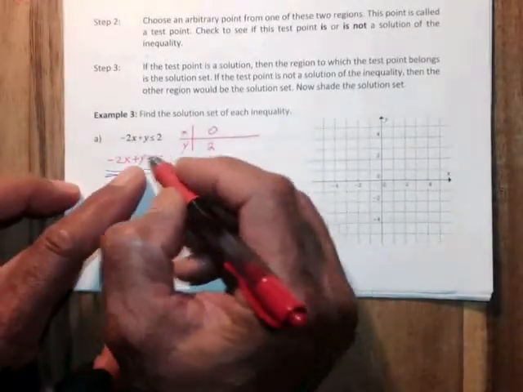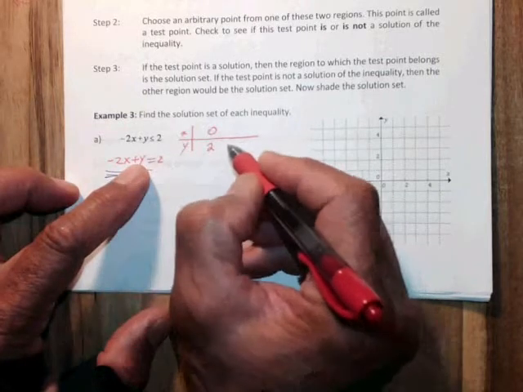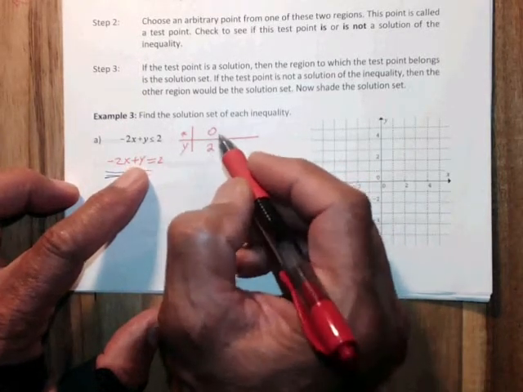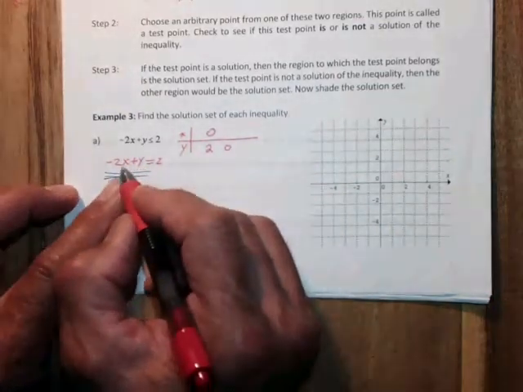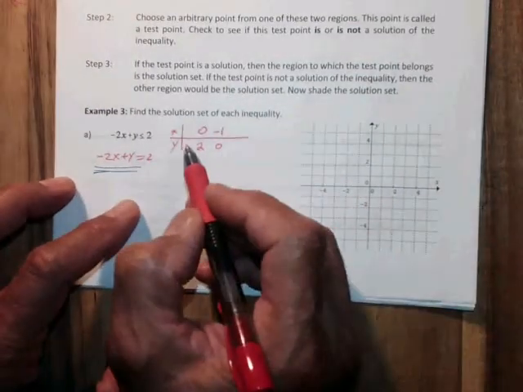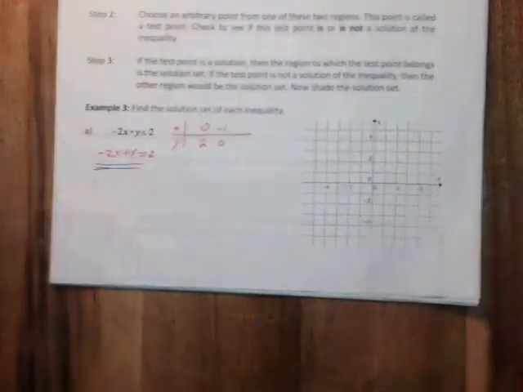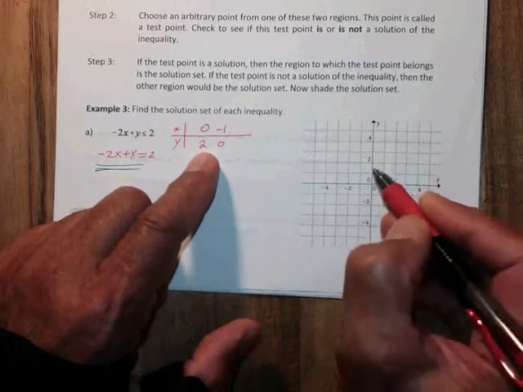Then another value you can choose is y equal to 0. These are the intercepts, the easiest points to find. So if I put y equal to 0, then I can compute x to be negative 1. Then you plot both of these 2 points, 0, 2. Let me see if you can see it. Yeah, 0, 2 is right here.